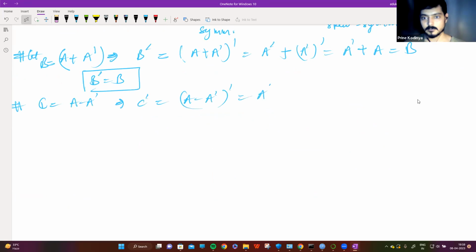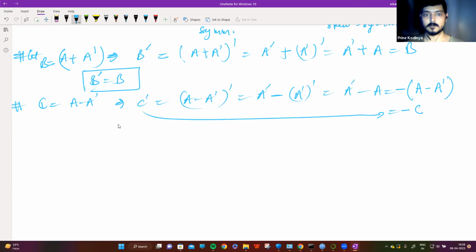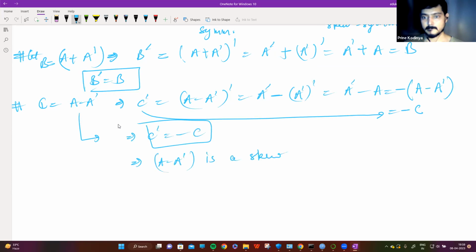And this would be A dash minus A dash of dash, which would be A dash minus A. After taking negative common, this becomes minus of A minus A dash, which was C. So C dash is equal to minus C. Hence, to check whether any matrix is symmetric or skew symmetric, just take the transpose. So A minus A dash is a skew symmetric matrix and A plus A dash is a symmetric matrix.